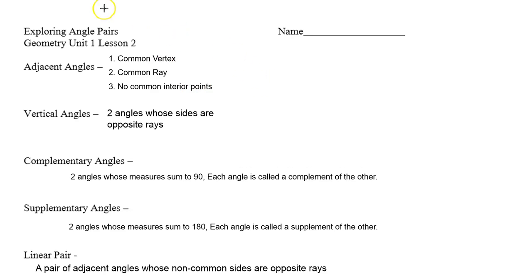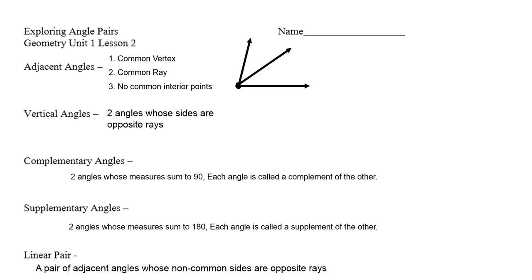So let me draw a diagram here of what I mean by that. If we have adjacent angles, here would be one angle, and now we would have this angle right here. So these would be the adjacent angles.